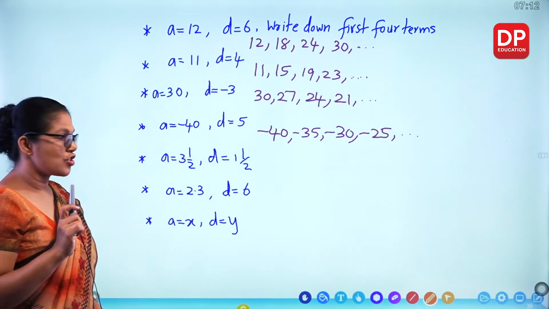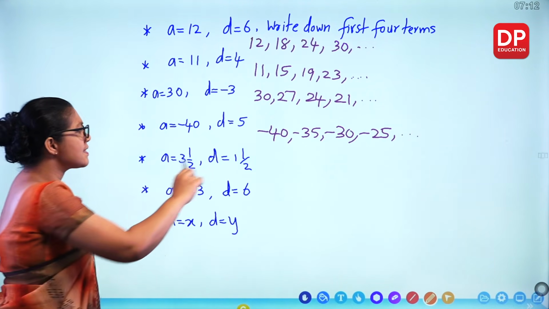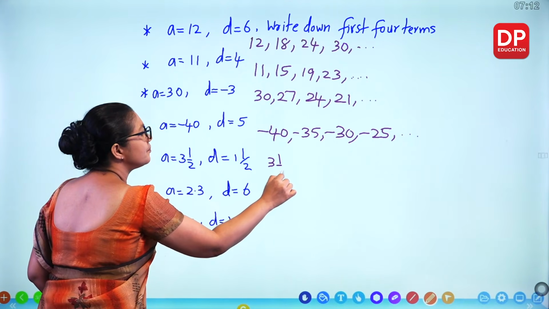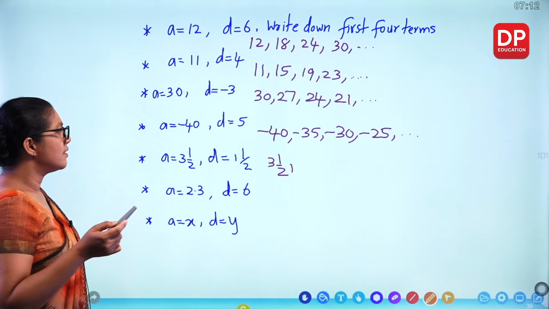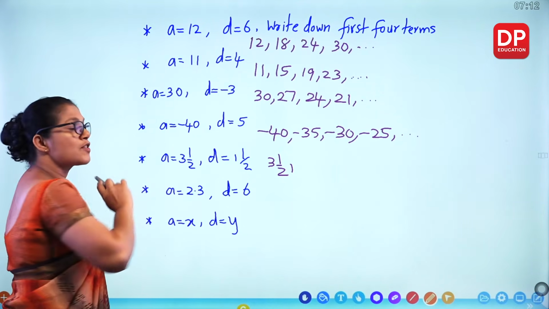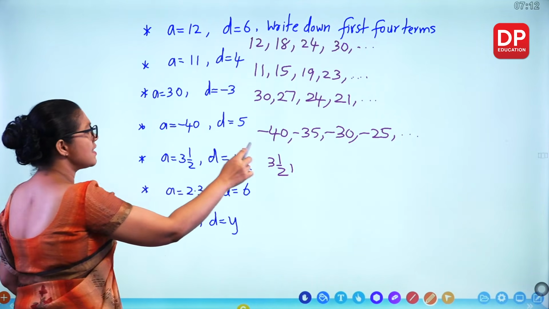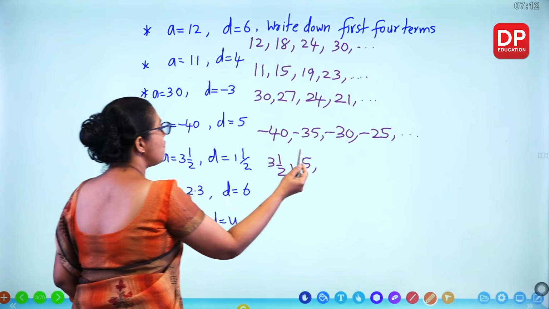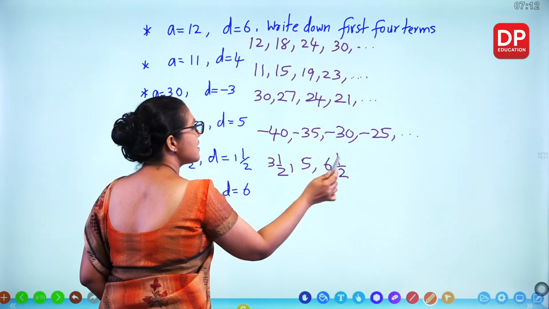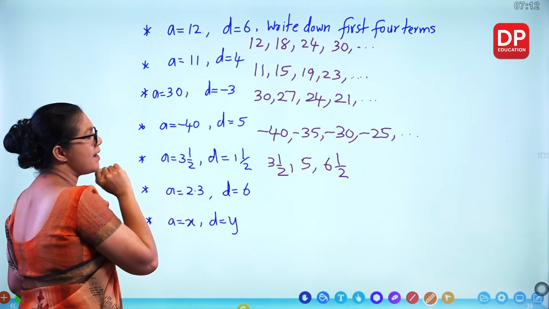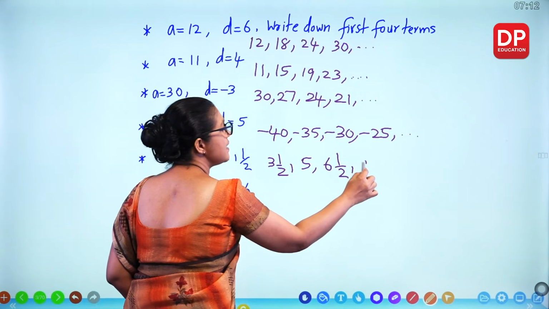Now you get fractions. 3.5 is the starting value. Adding 1.5. 3.5 plus 1.5. What's the answer? 5. 5 plus 1.5, 6.5. 6.5 and another 1.5 is 8.